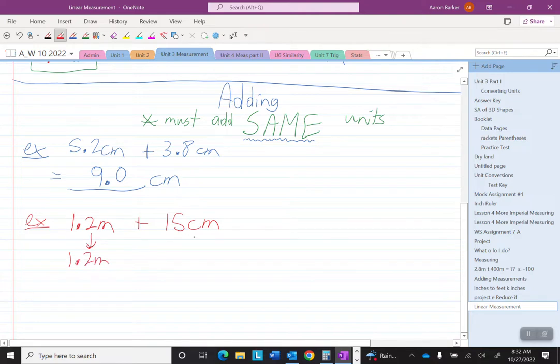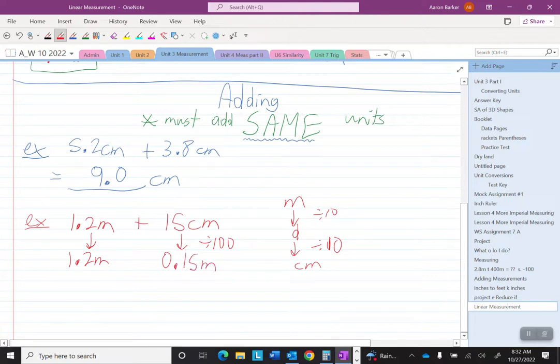And this one here, we would divide by 100. That's because for meters, you then have decimeters, and then you have centimeters. So you divide by 10 and then by 10, which is dividing by 100. And so you get 0.15 meters.